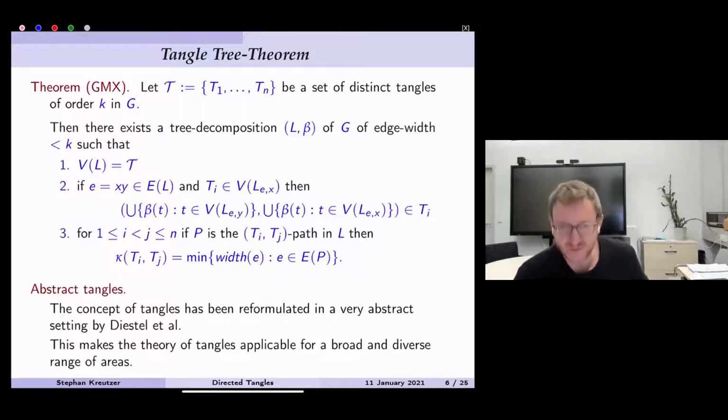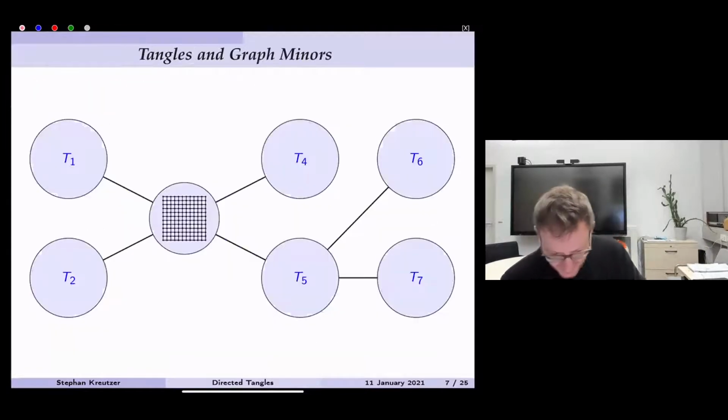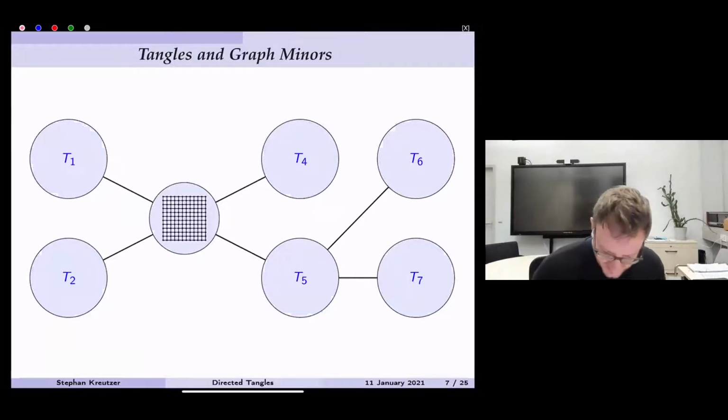So we really have to prove everything by hand for the digraph setting. I don't really know why, but maybe there's an even more general theory that will capture everything, but it doesn't exist yet.